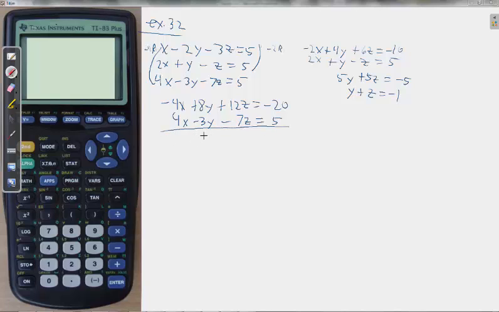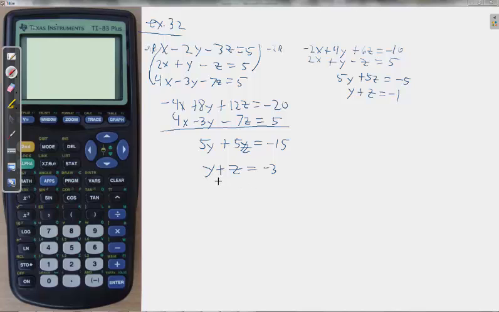So that'll get me 5y plus 5z, z, not y, Paul, z equals negative 15. And if I divide everything by 5, I'll get y plus z equals negative 3. You might actually be able to see where this is going to go already.